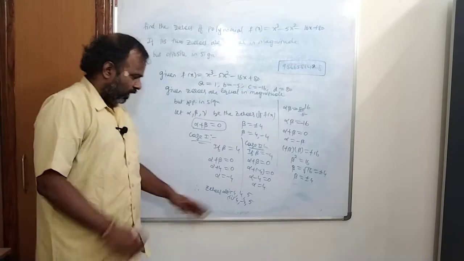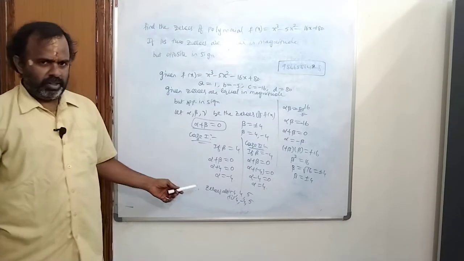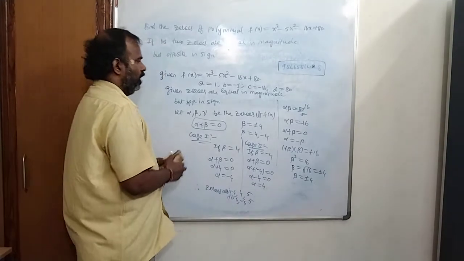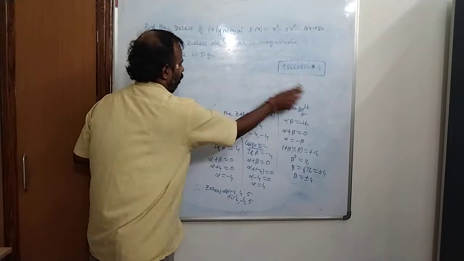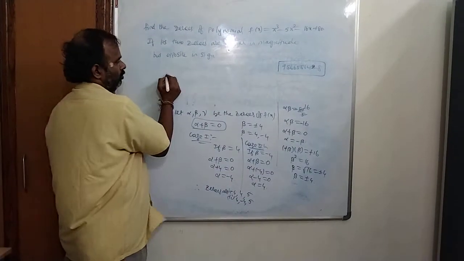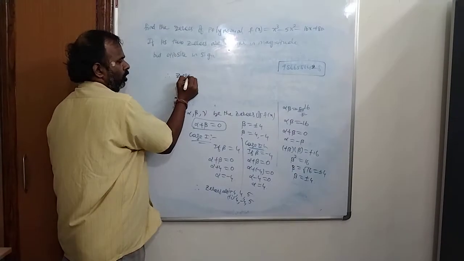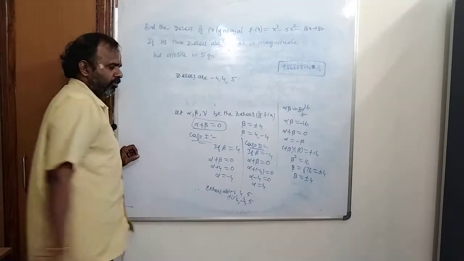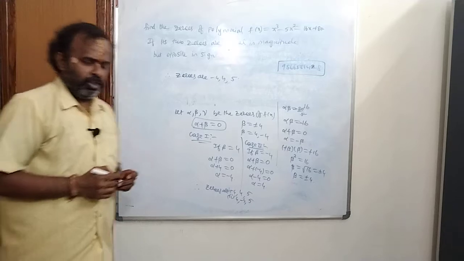So if you just compare both of them, the values are same. That means only the position of these two are changing. So therefore the zeros are minus 4, 4, 5. Thank you.